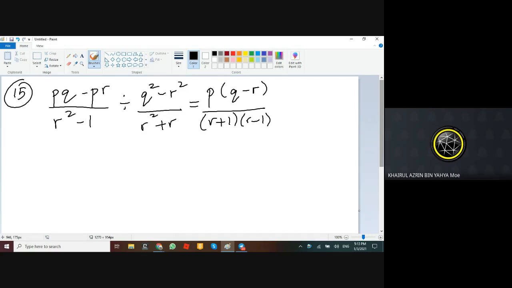Okay, next, divide, change to multiplication. Fraction, upside down, change R square plus R over Q square minus R square. Okay, so I write back this one.